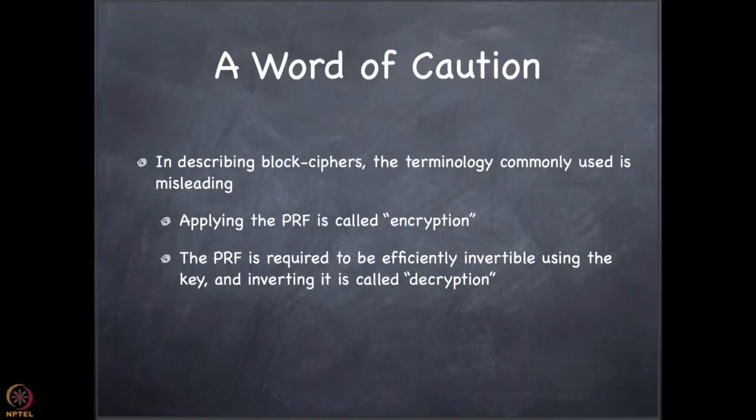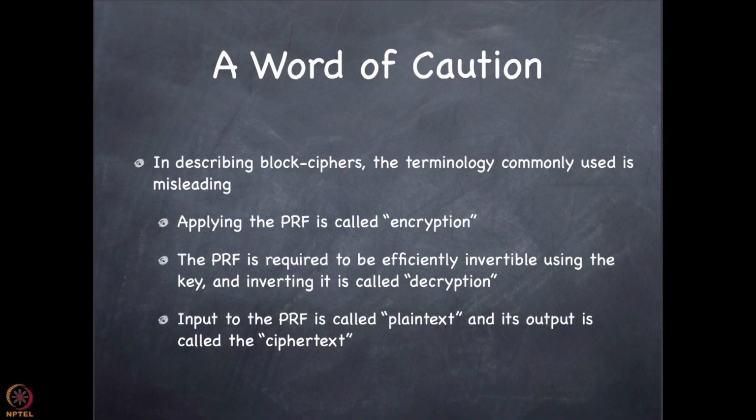Inverting this is called decryption. For our purpose, we never needed to use decryption in this sense. We always were using encryption in anything other than the CBC mode, right? But inverting the PRF, computing this F_K inverse, is called decryption.